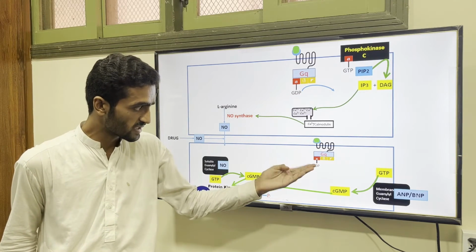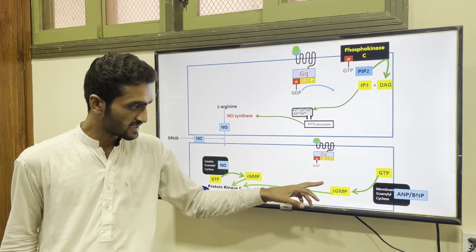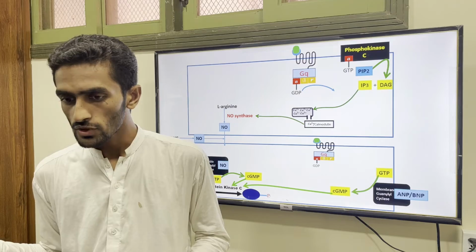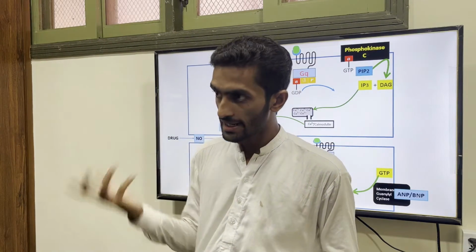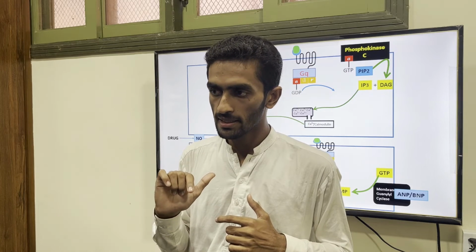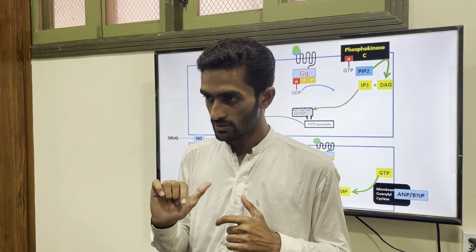One of the important functions of this cyclic GMP is related to your vision system. When you look at the vitamin A function, or when you discuss the neuroanatomy of your vision system, in dark conditions this cyclic GMP is active.